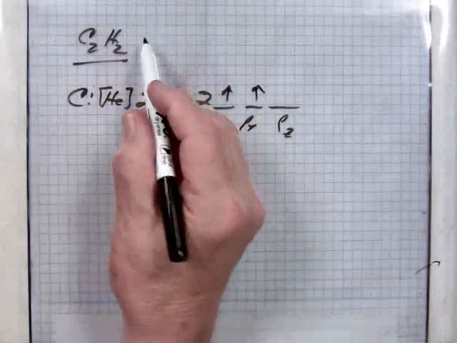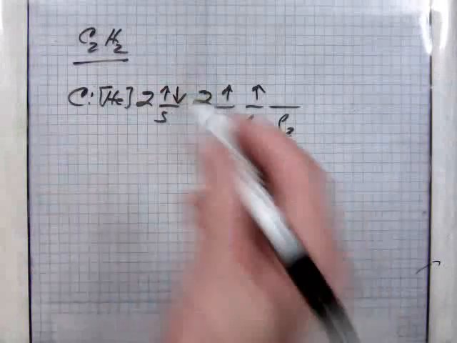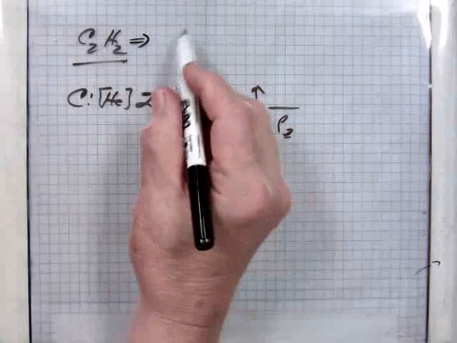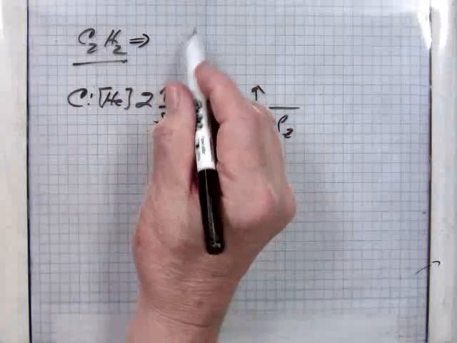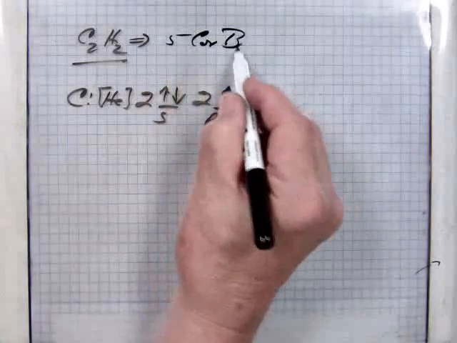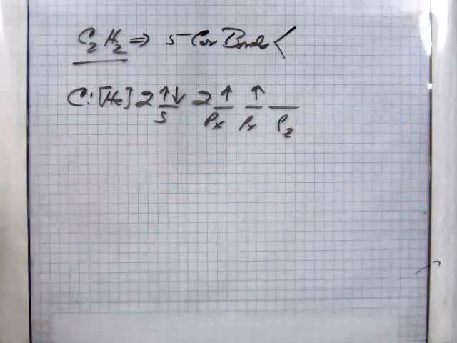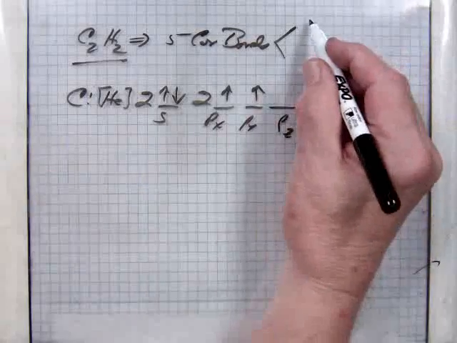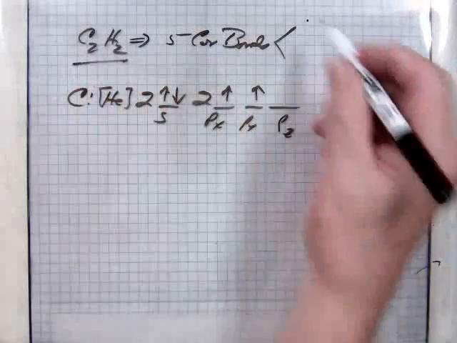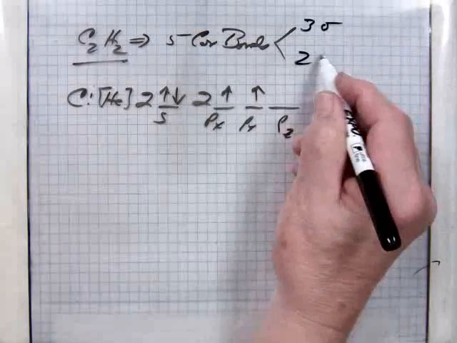When you do the VSEPR, or the valence bond if you want to, this has 3, 4, 5 covalent bonds. But the outcome of that is you have between the carbons and the hydrogens 3 sigma bonds and 2 pi bonds.